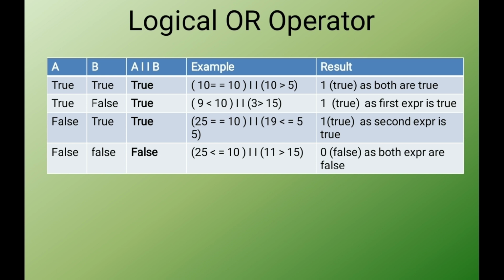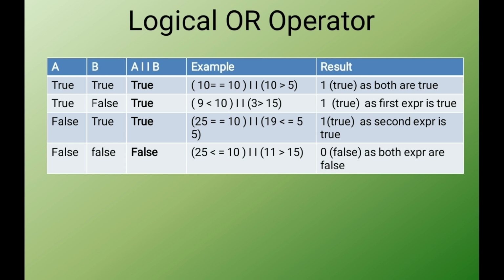The result of the OR operator is true if any one of its two expressions is true. If both expressions are false, then only the result is false, otherwise it remains true. Normally, the first expression is evaluated, and if the result is true, then the next is not evaluated.